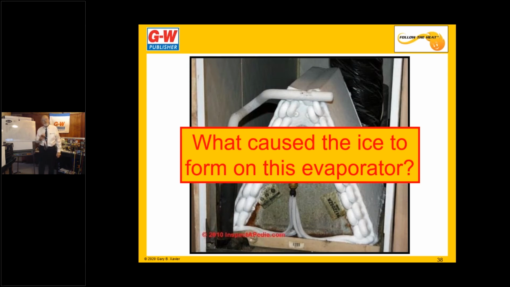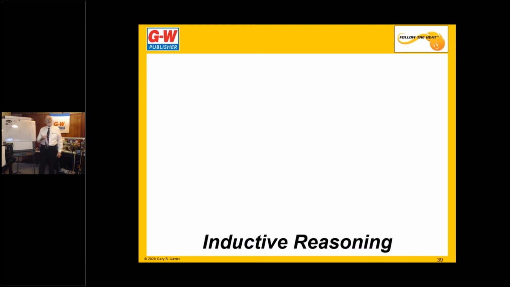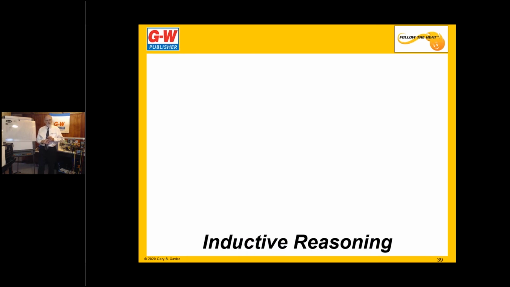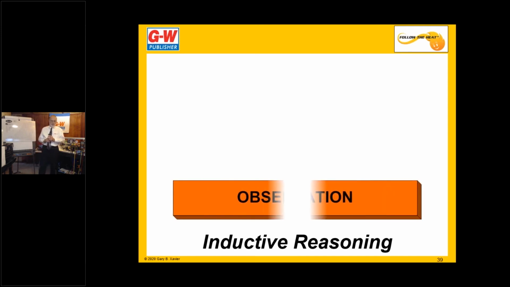Deductive reasoning will show us we just got to start adding freon. But if we use inductive reasoning, then we start with observation. What did I observe?